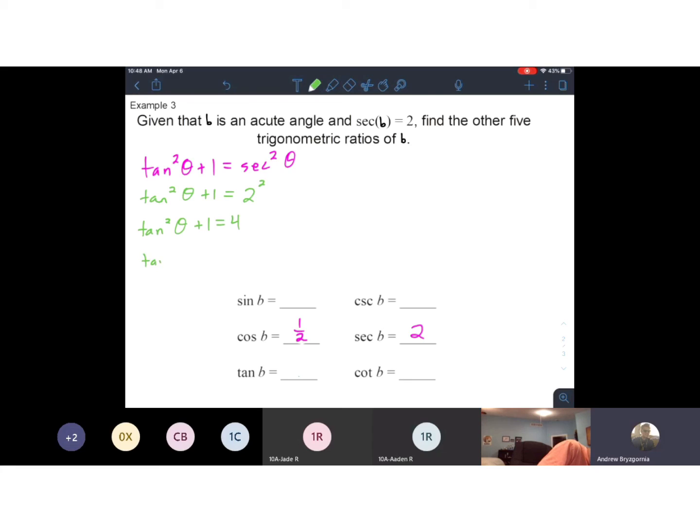So then that leaves us with tangent squared of theta equals, I guess I should have been using b this whole time, equals 3. We need the square root of both sides, and we find that the tangent of b is going to be the square root of 3.